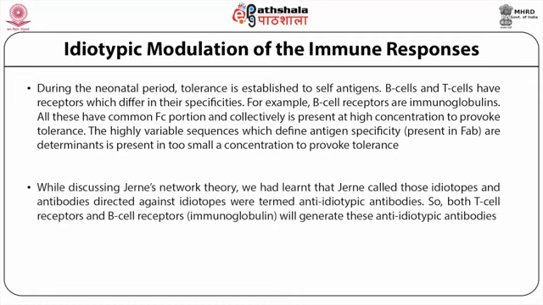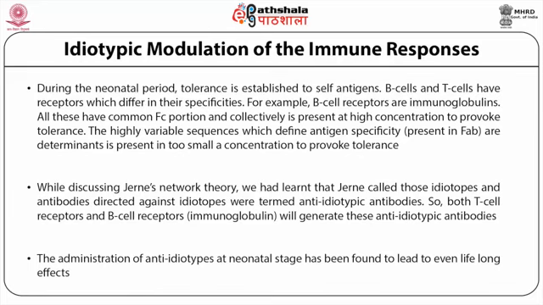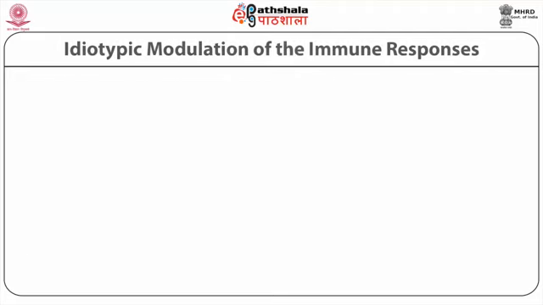While discussing Jerne's network theory, we had learned that Jerne called these idiotopes, and antibodies directed against idiotopes were termed anti-idiotypic antibodies. So both T cell receptors and B cell receptors will generate these anti-idiotypic antibodies. The administration of anti-idiotypes at the neonatal stage has been found to lead to even lifelong effects.